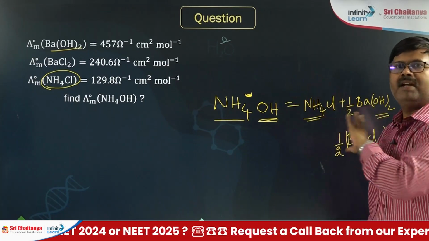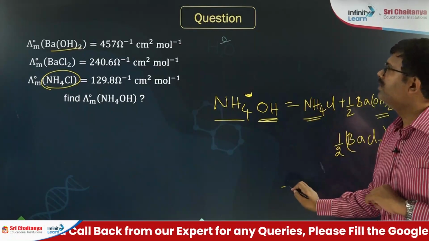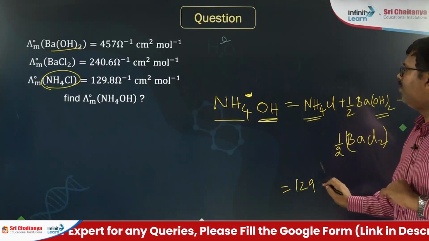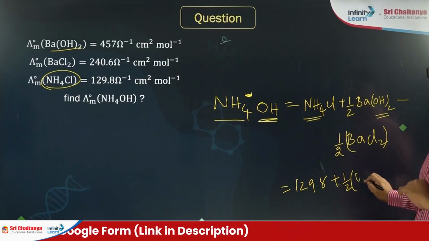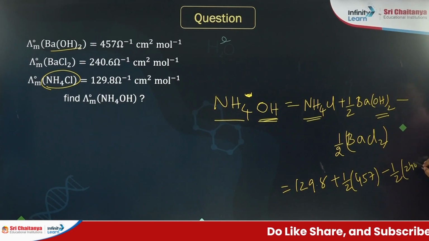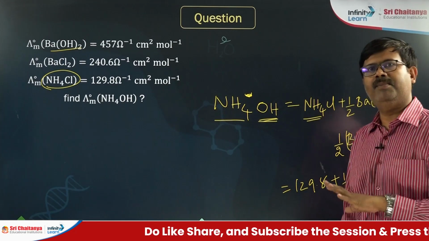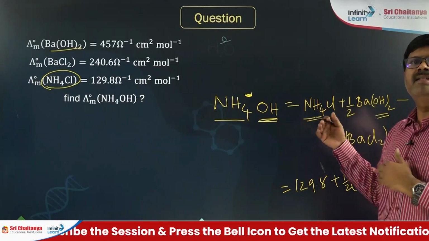Then substitute the given data in the place of NH4Cl, etc. For example, NH4Cl, the value is 129.8, plus half into barium hydroxide data 457, minus half into barium chloride 240.6. Then you have to just multiply and add. That's it. This is how you have to follow to get the answer quickly.